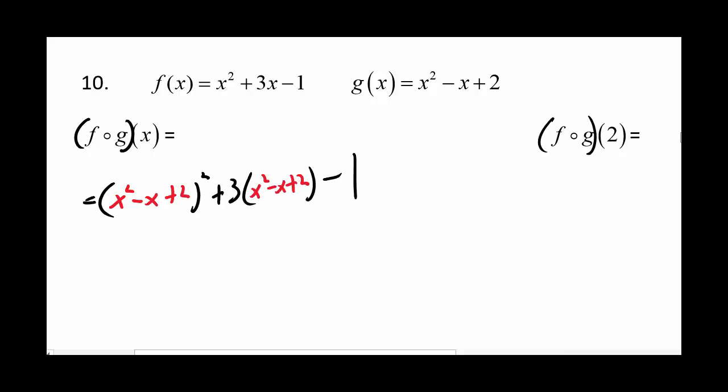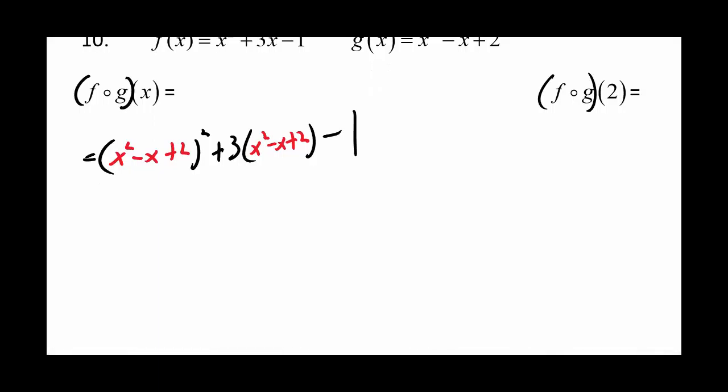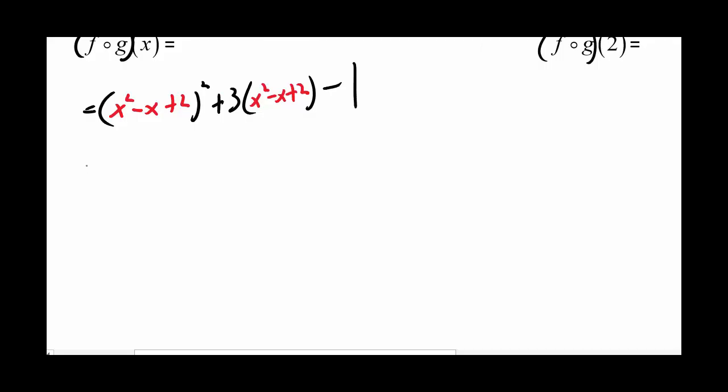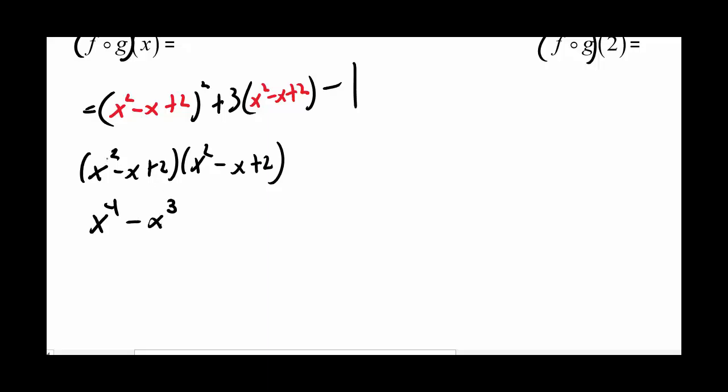All right, so we got some squaring to do here. All right, so we have to write this out a little bit. x squared minus x plus 2 times x squared minus x plus 2. I want to FOIL that out. So that's going to be x to the 4th, let's see, minus x cubed plus 2x squared.